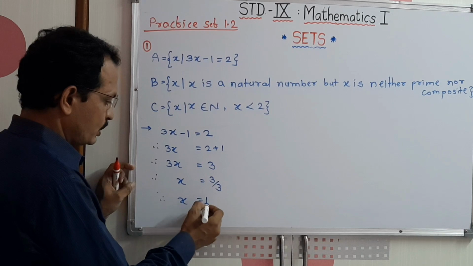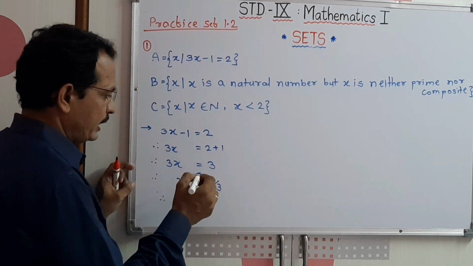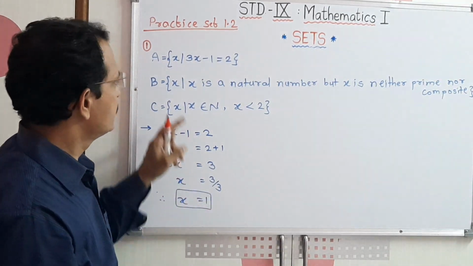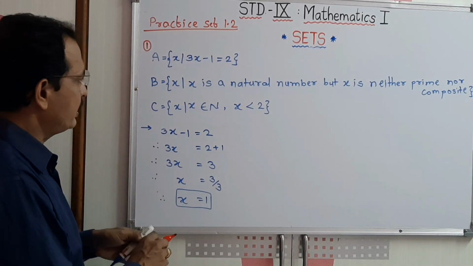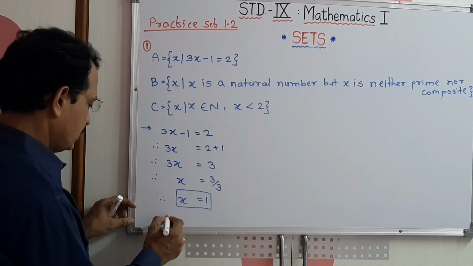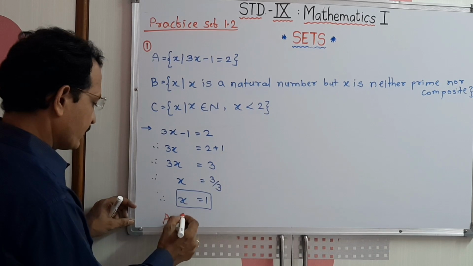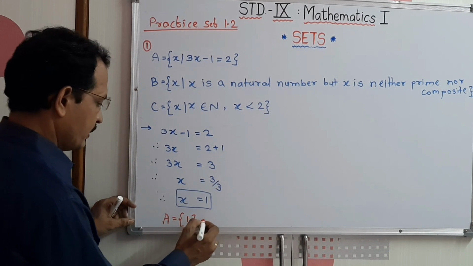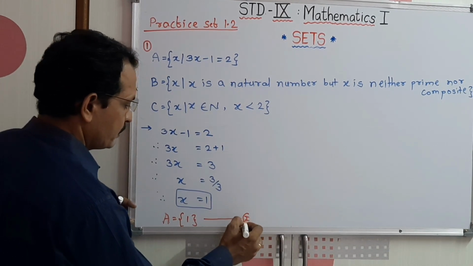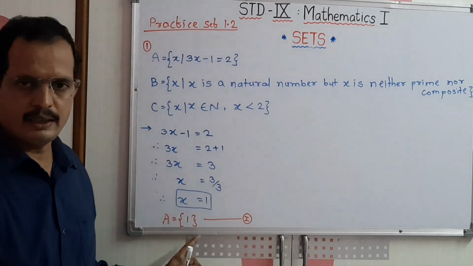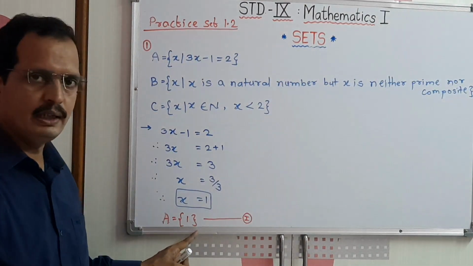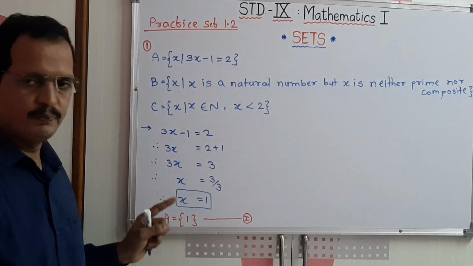Therefore, x equals 1. That means set A contains one element, that is 1. This is statement number one. Set A contains one element, that is 1.